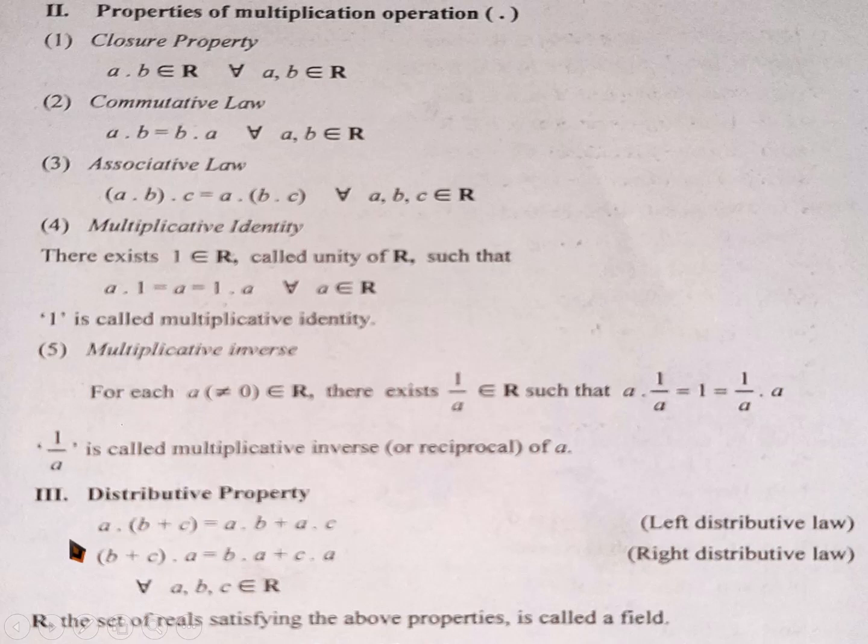So the total number of properties is 11, and R satisfies these 11 properties, and therefore R is called a field. We can say that R is a field of real numbers.